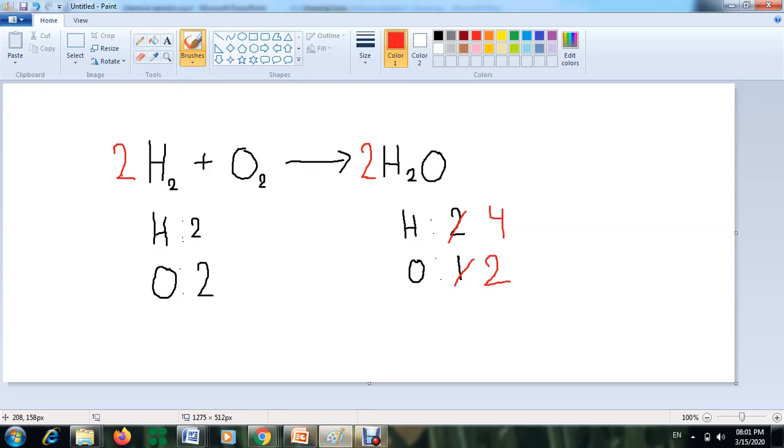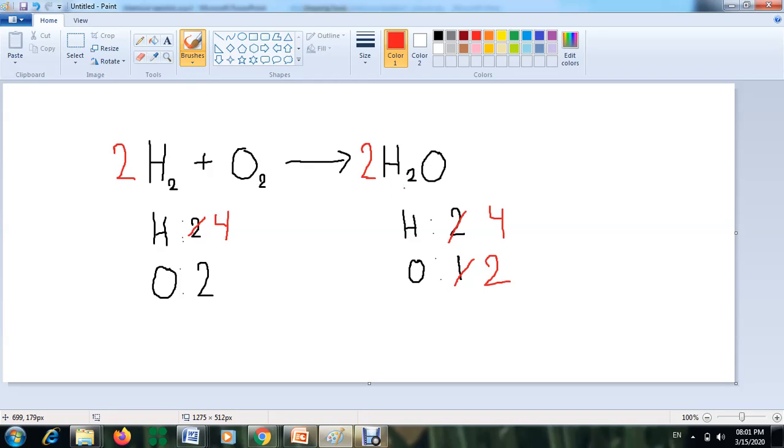This 2 multiplied by this 2, so we have 4 hydrogen atoms here too. So as you see, the number of hydrogen atoms before and after the reaction is 4, so it's balanced. What about oxygen? They are 2 before the reaction in the reactants and 2 after the reaction. So now this equation is balanced.